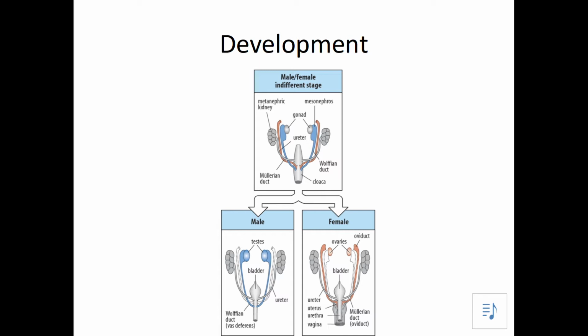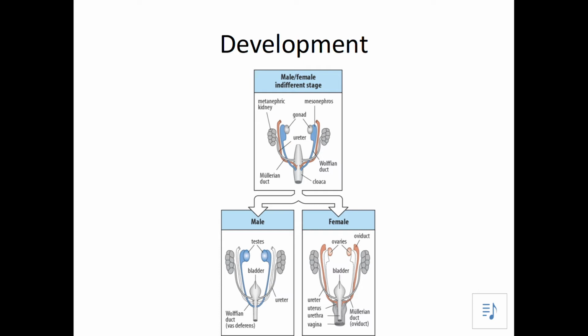The part that is different is that there are separate sets of tubes, the Mullerian duct or the Wolffian duct. The Wolffian duct is what will turn into the spermatic cords connecting the testes, whereas the Mullerian duct is what would connect to the ovaries, forming the fallopian tubes.